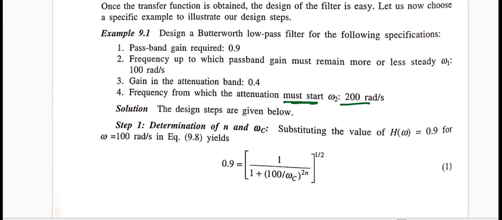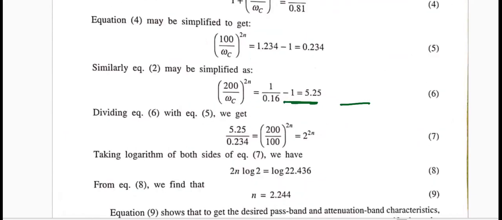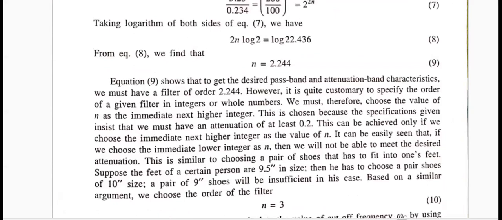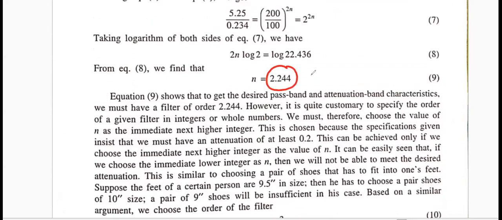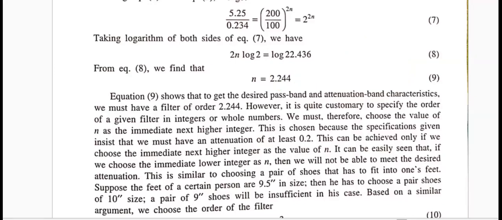So it is always the better choice to round the order up. If we get a fraction like 2.01, it should be taken as 3, because that is the safe side. If you took 2.01 as 2, you might be in trouble, but it definitely depends on the purpose. For this particular example, we'll take n equal to 3.